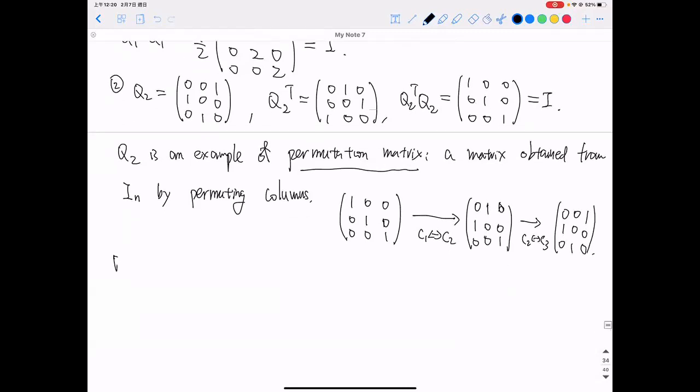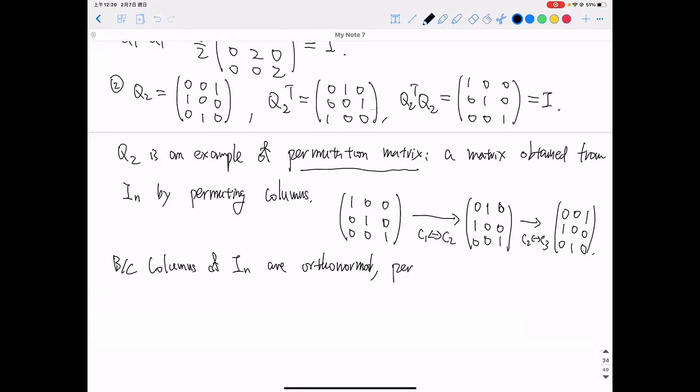Now, because the columns of the identity matrix are orthonormal, right? The columns of the identity matrix are just those vectors e1 through en. They are obviously orthonormal.